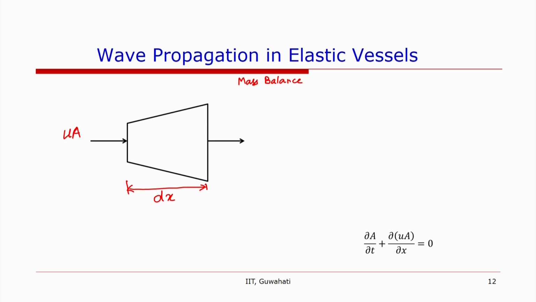Because this is an incompressible flow, the density will cancel out, density will not have any effect. So if the mass flow is conserved, then del rho over del T will be 0. So we can take rho out if we want, and here what we'll have is UA plus del by del x of UA.